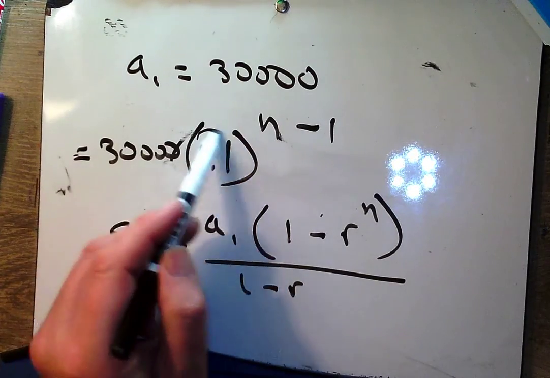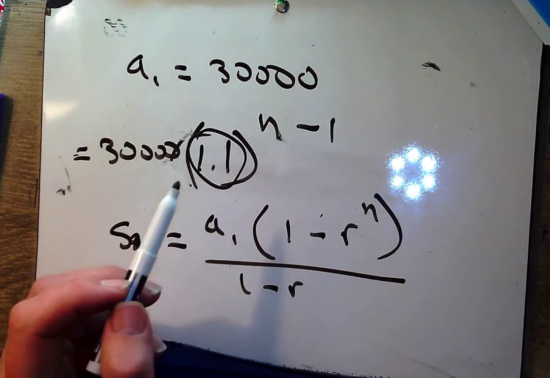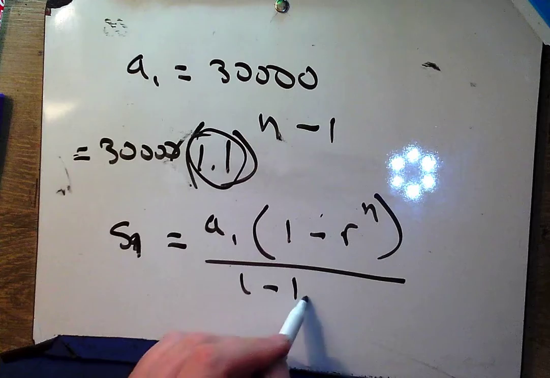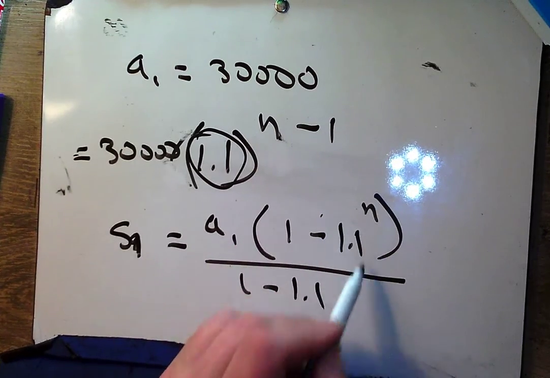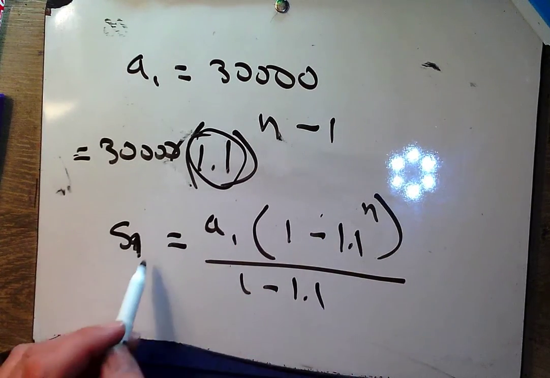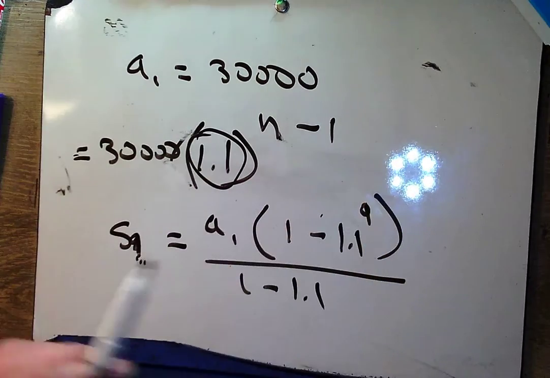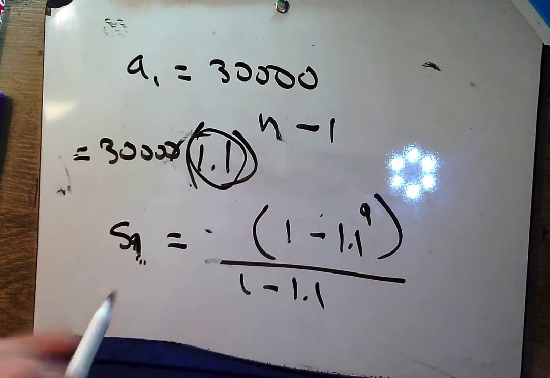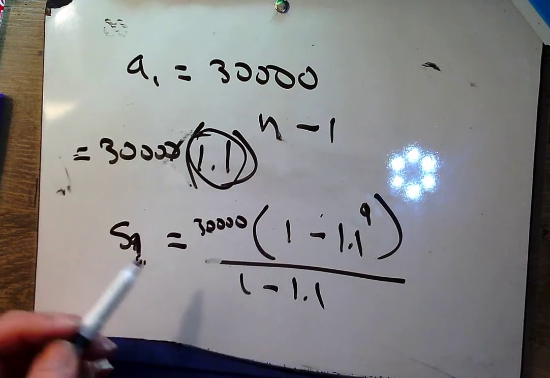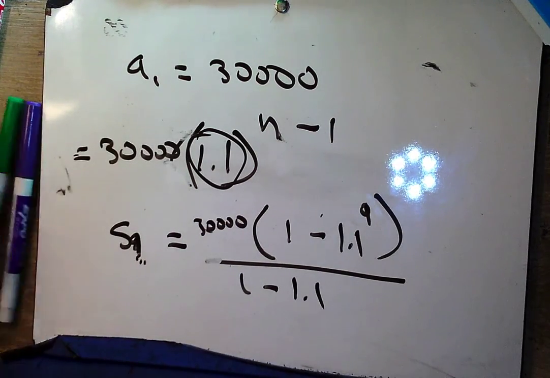Well, there's our r. So I put 1.1 there, put 1.1 there, and n is 9, and a sub 1 is 30,000. So let's see what we get.